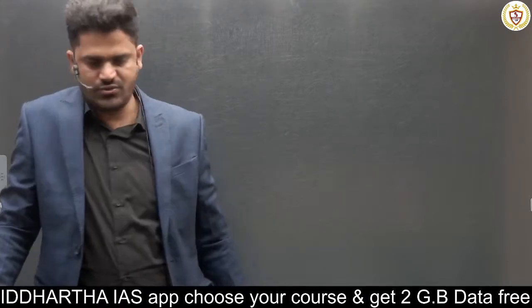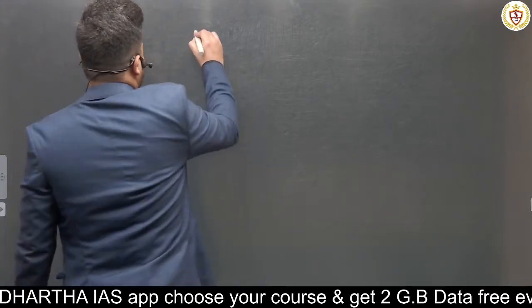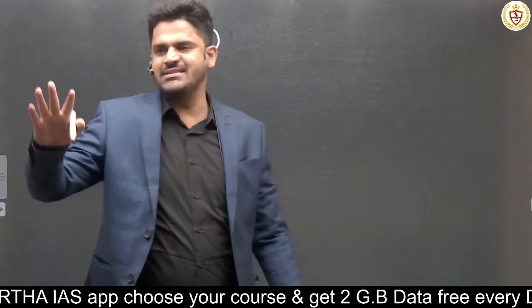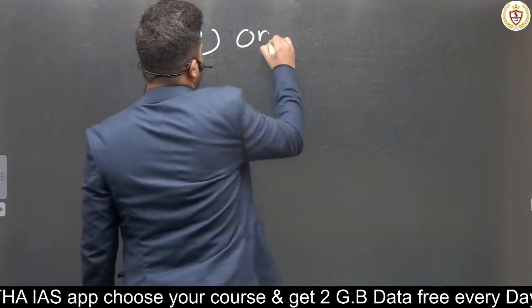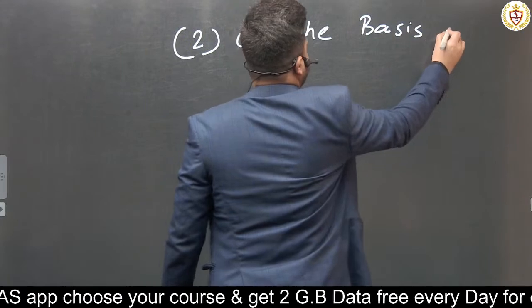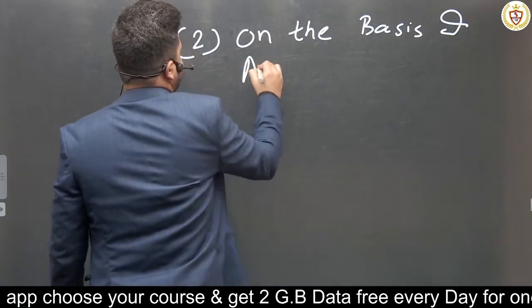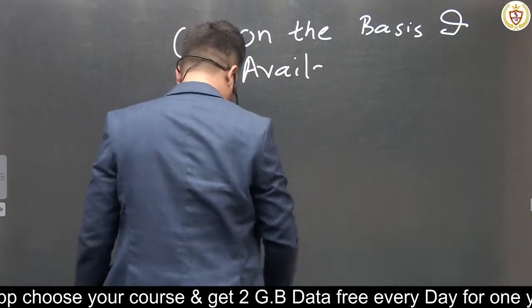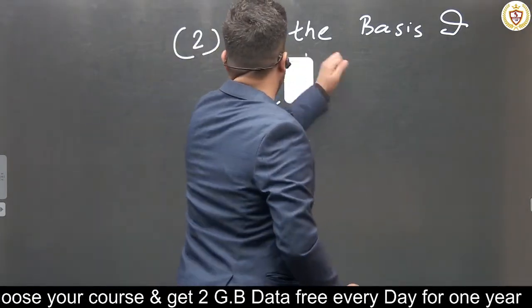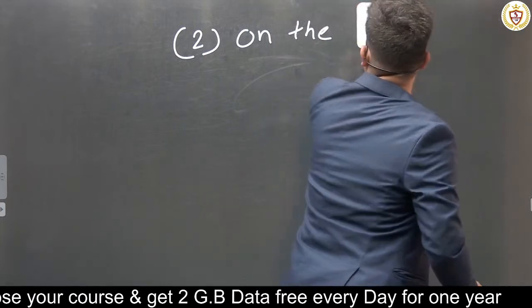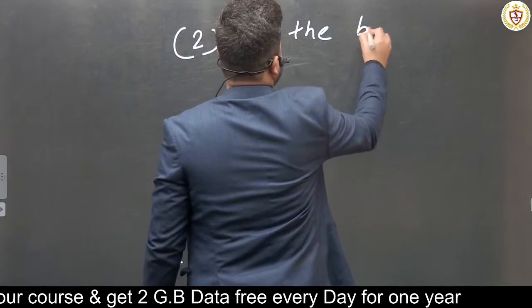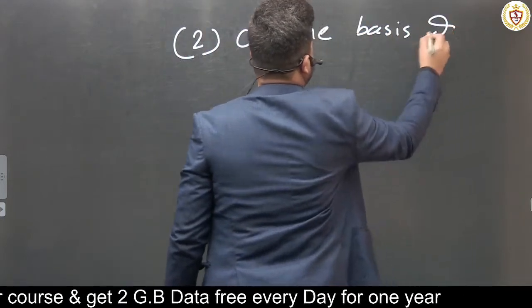First type of classification. Second type of classification is on the basis of availability.